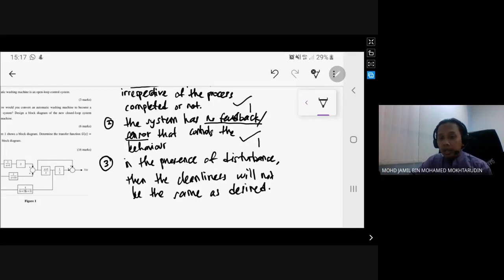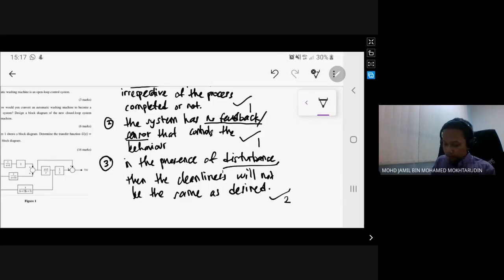So meaning that the system will be unable to work when there is a disturbance. Okay, so when you have the word disturbance, or you describe an example that shows automatic washing machine is an open loop system, then here you get 2 more marks.